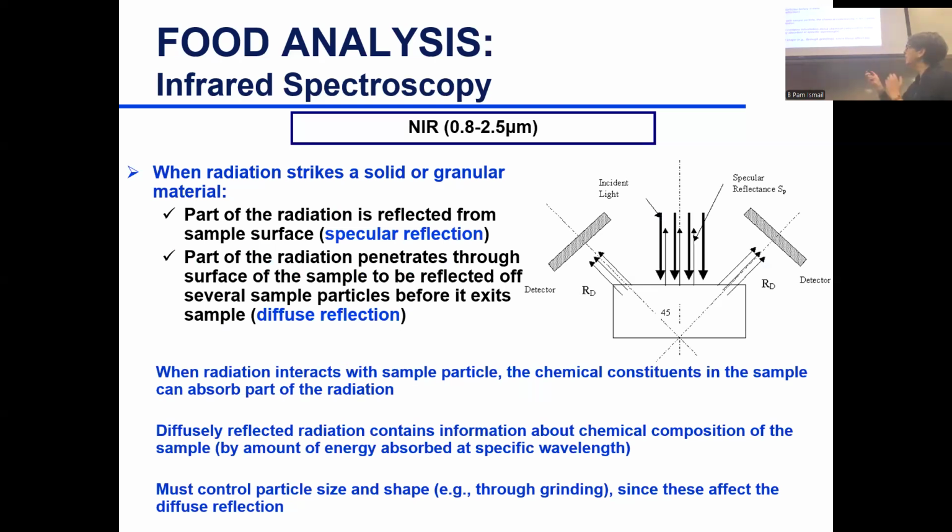Then the light that goes in, the molecules absorb some of it, and the rest gets reflected, directed by mirrors to the detectors. That's exactly what I said: some of the light diffuses, the molecules absorb the light, and then you get the fingerprint.